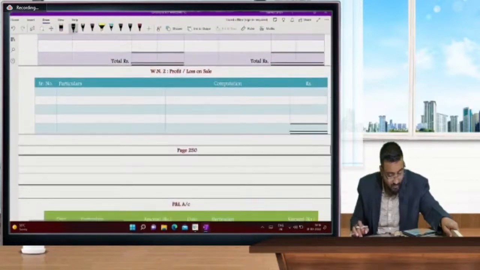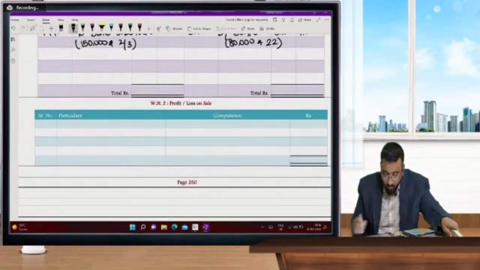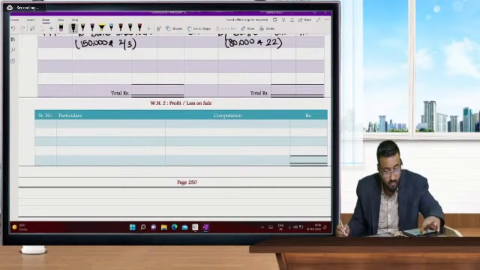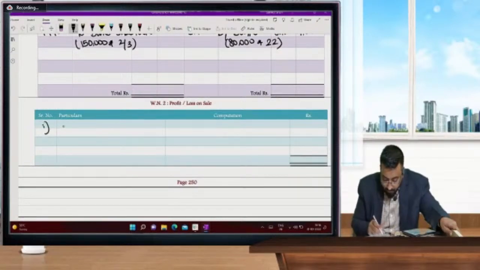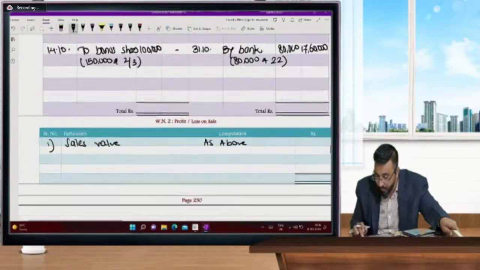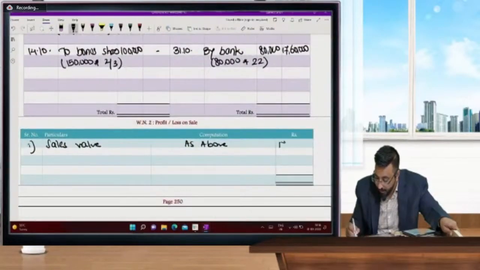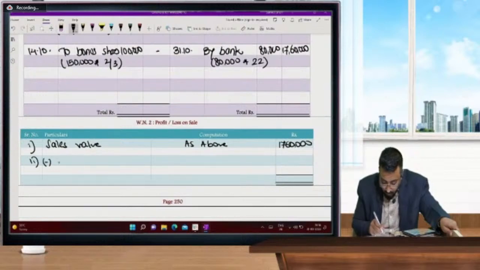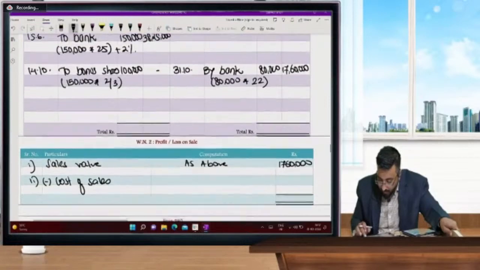Whenever you are selling shares, you have to calculate profit or loss on sale of shares. Chalo, yes. Sales value, I will do it. You also do better by your own and check the answer. Better weighted average method, huh?